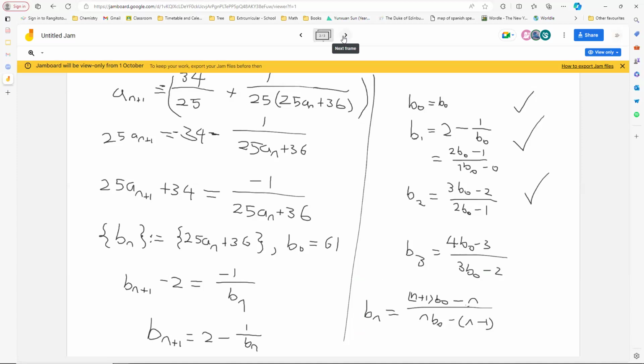But we have the closed form of bn: it's n plus 1 times b0, which was just 61, minus n, over n times 61 minus n minus 1.